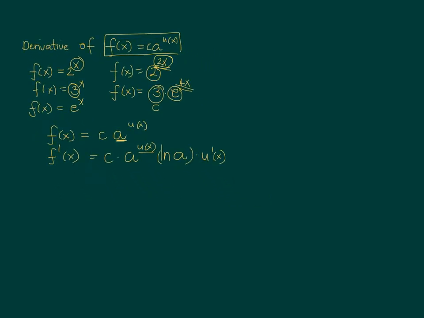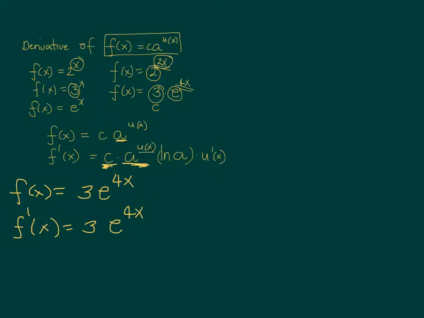let's say our function is f of x equals 3e to the 4x. So f prime of x, by the rule, the constant 3 is still there, and then we simply copy the function e to the 4x, then ln of the base e, and then this is multiplied by the derivative of u of x, which is just 4.